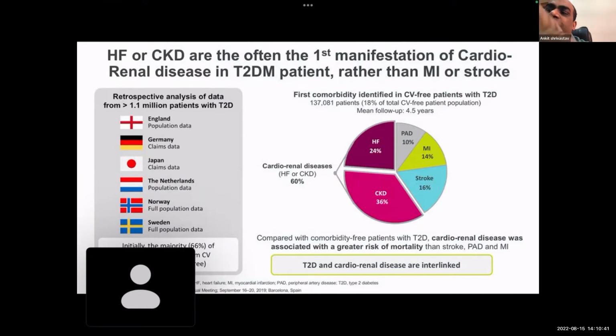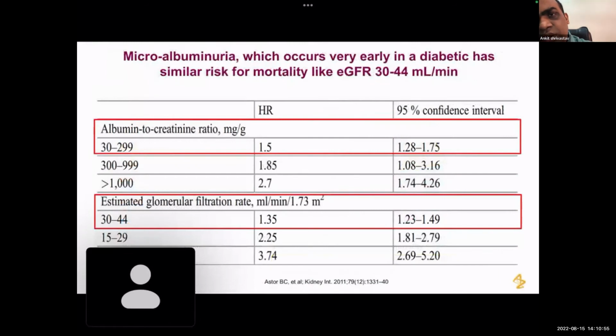First comorbidity identified in cardiovascular-free patients with type 2 diabetes. Compared with comorbidity-free patients in type 2 diabetes, cardiorenal disease was associated with a greater risk of mortality than stroke. Microalbuminuria, which occurs very early in diabetes, has similar risk of mortality as having a GFR of 40.